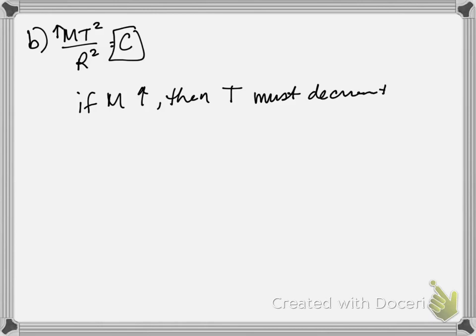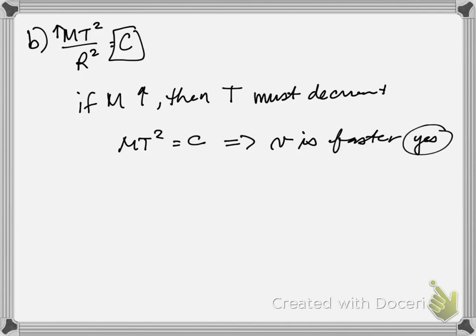Since the product of M and T squared must remain constant, if M increases, then T must decrease. Now, if the period decreases, that means it gets around that 2 pi r faster, so that means our velocity is faster. So in fact, it is consistent with what we said in part A.